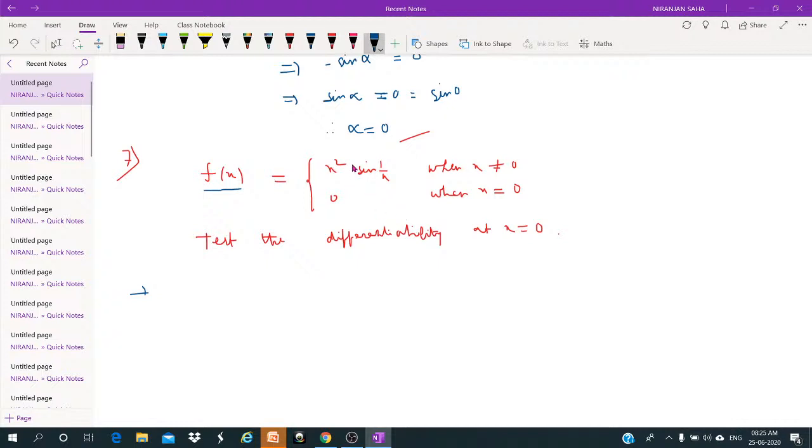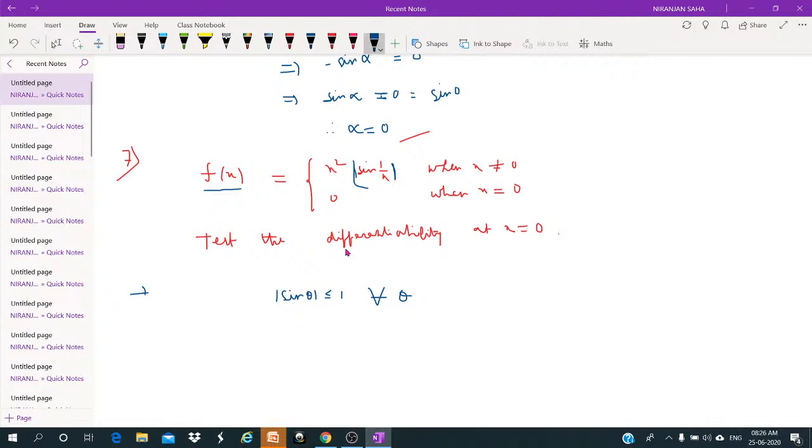Sine is a bounded function. We know that whatever the value of theta, the mod of sin theta is always less than or equal to 1, for all values of theta. So the sine of 1 by x will always lie between -1 and 1, which means it is bounded and has a finite value.